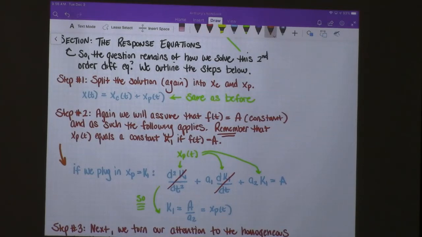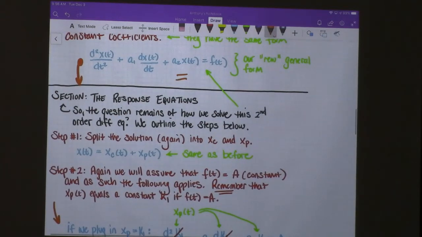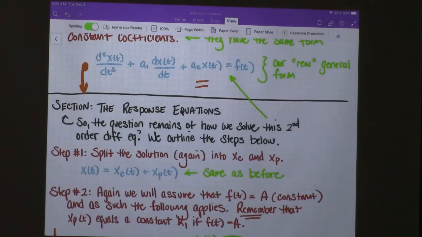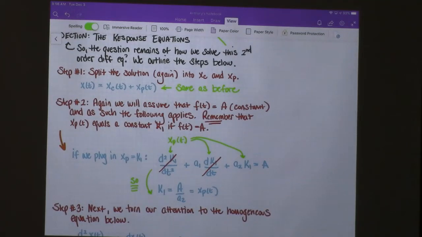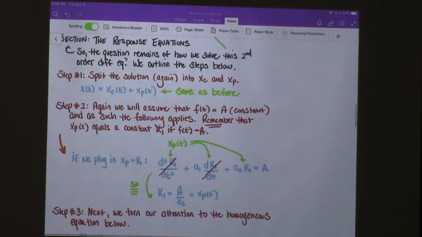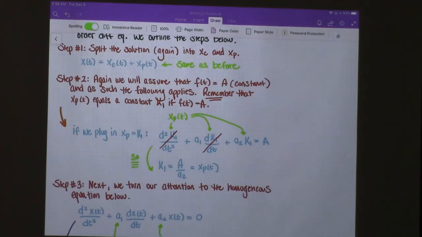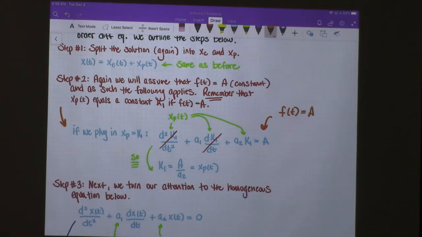We are going to plug two things into this equation. We are going to assume that f of t equals a constant. And if f of t equals a constant, we also said last time that meant that our particular solution would be equal to a constant as well. So those are the two substitutions that we're making here.